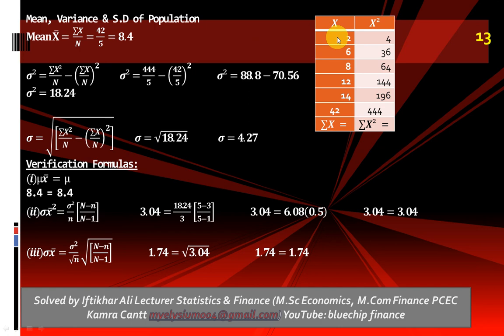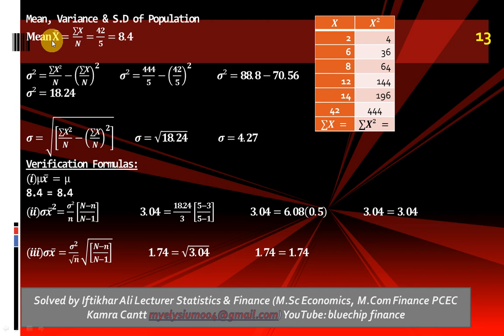So take the population 2, 6, 8, 12, 14, sum of x is 42, and take the square of each x value, 2 square 4, 6 square 36, 8 square 64 and so on, and sum is 444. And after that we calculate three parameters, same as we calculated in the case of sample statistics.